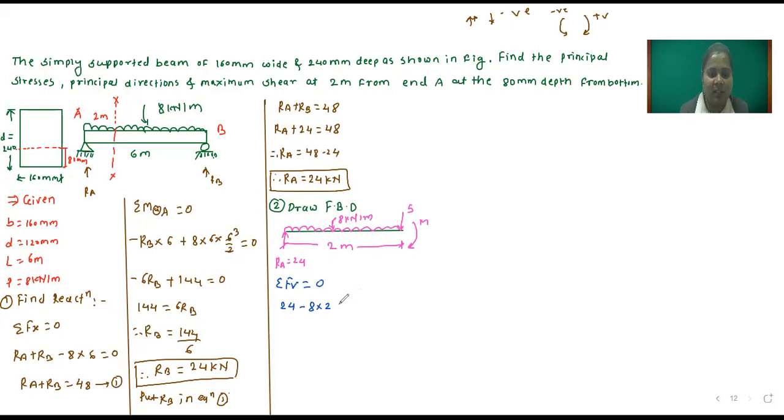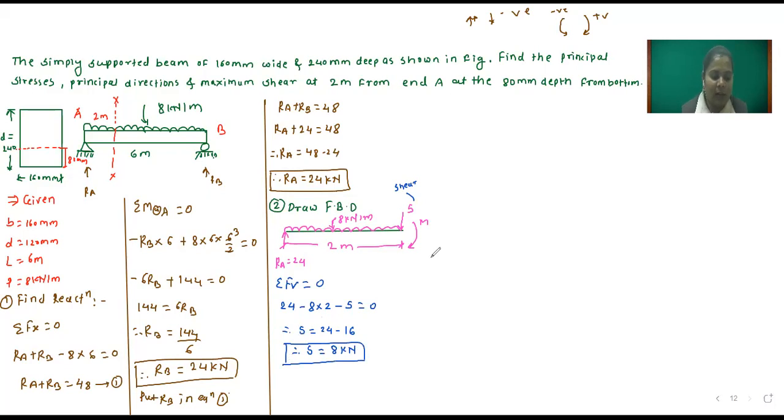This S means shear force. So minus S is equal to 0. Therefore S is equal to 24 minus 16. So shear force S is equal to 8 kilonewton.